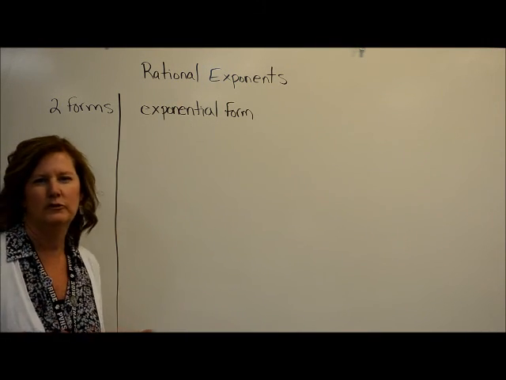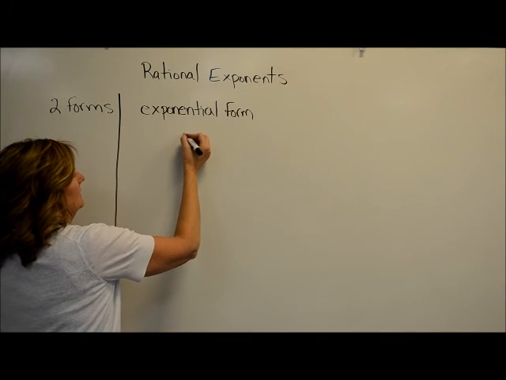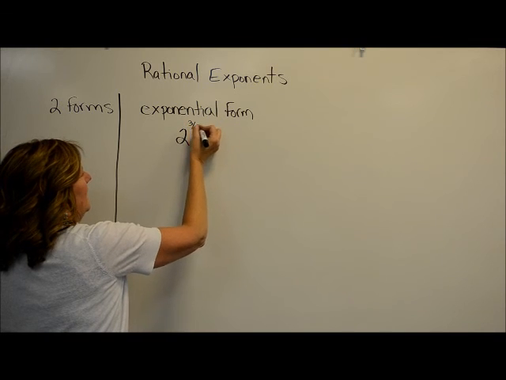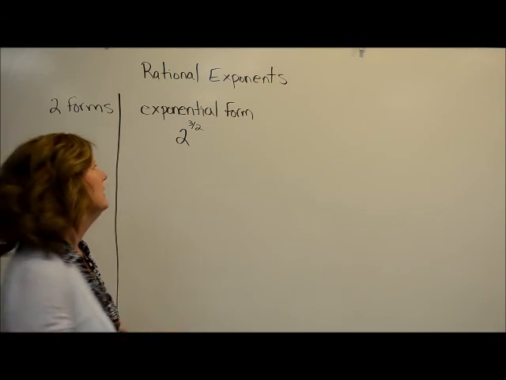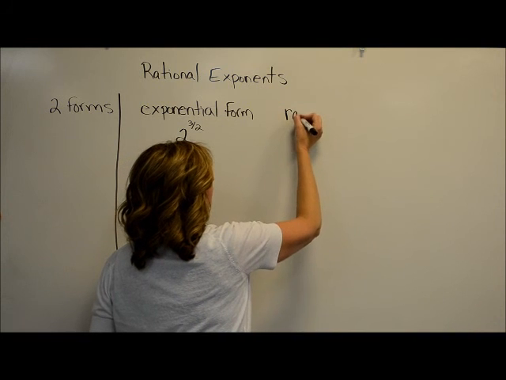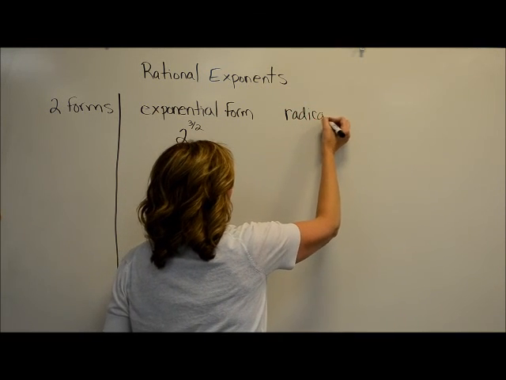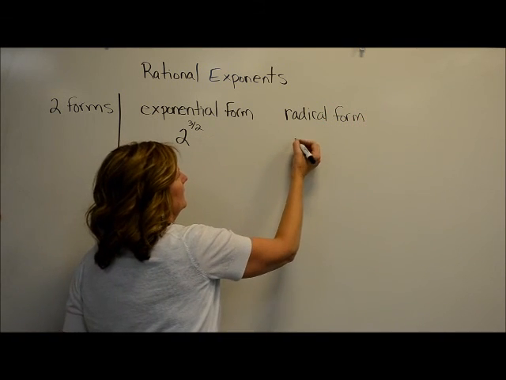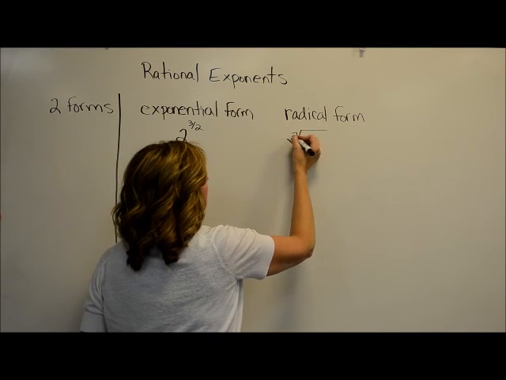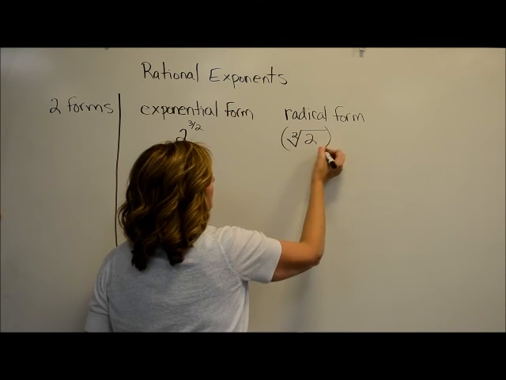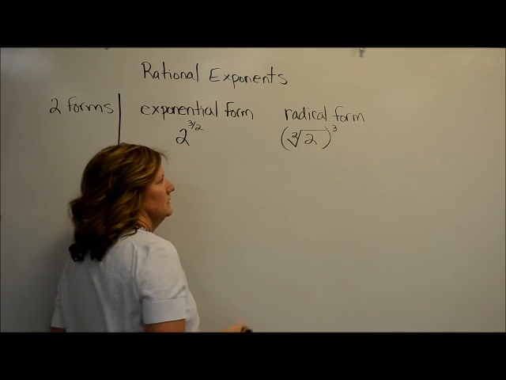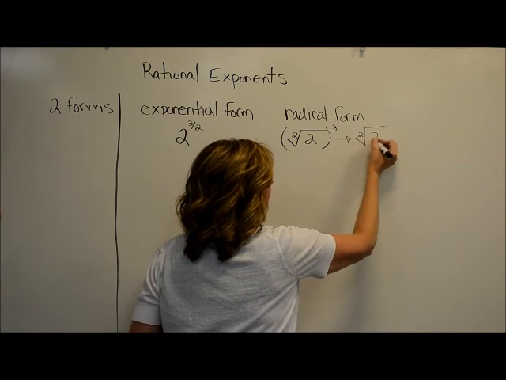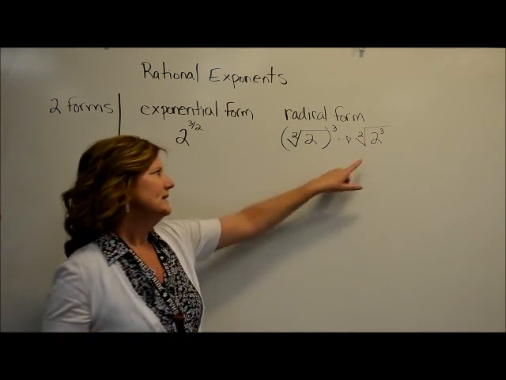There's an exponential form that would look like this. 2 to the 3/2. And then there's a radical form that would look like this. This one could actually look like this, which means I can simplify this.